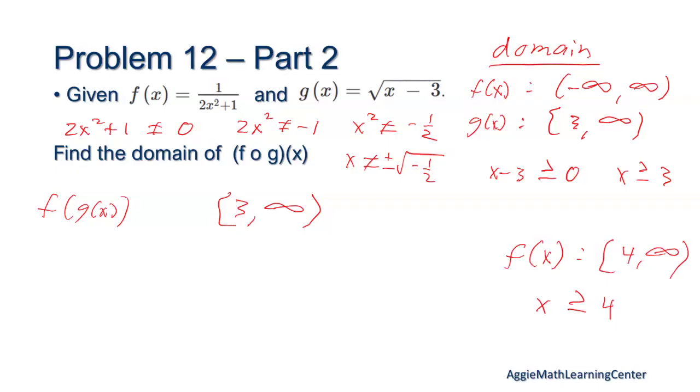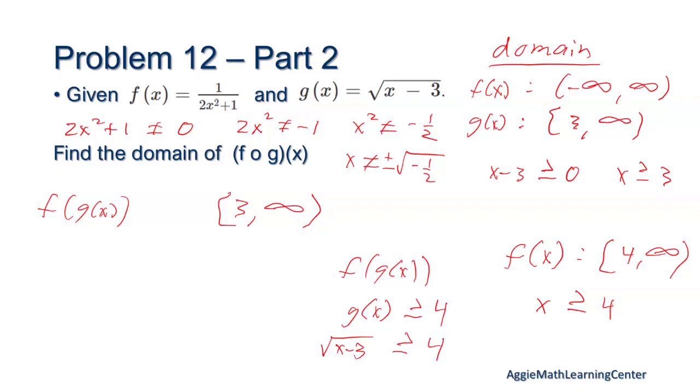But x values aren't what's being put into your function there, because if you have f of g of x, then g of x has to be greater than or equal to 4. And then you could plug in g of x into here. You do square root of x minus 3 is greater than or equal to 4. You could solve that out and figure out what x values would not be in your domain.